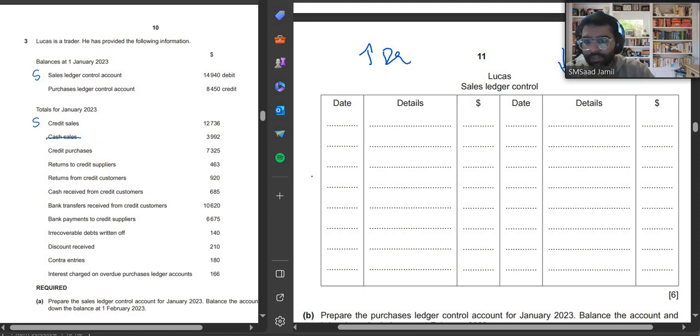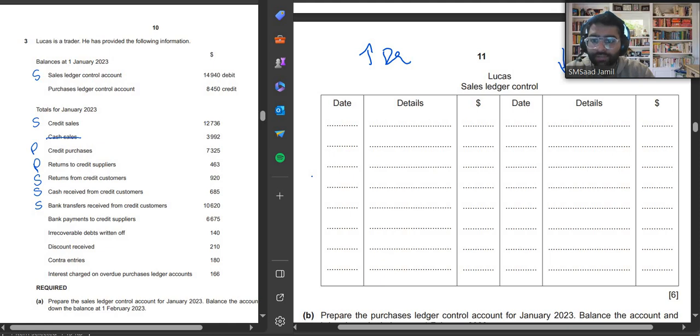Credit purchases will come in our purchases ledger control account. Return to credit suppliers will also come in our purchases ledger control account. Return to credit customers will come in our sales ledger control account. Cash received from credit customers will also come in our sales ledger control account. Bank transfer received from credit customers will also come in our sales ledger control account.